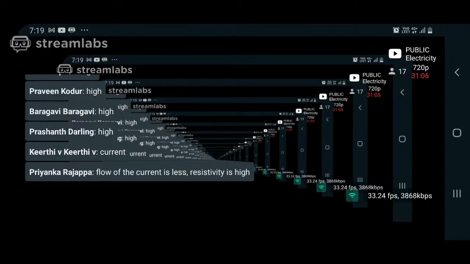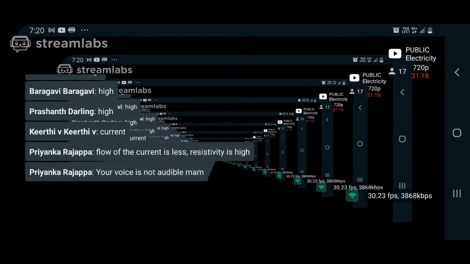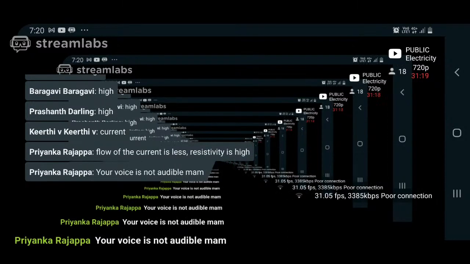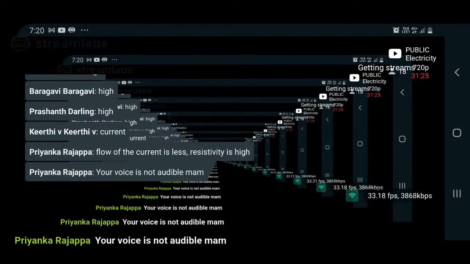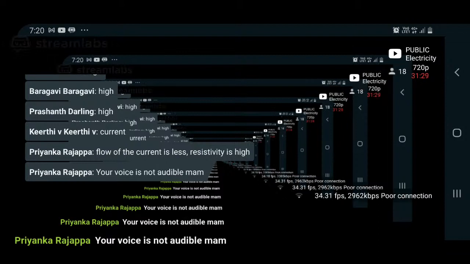Yes, Priyanka is absolutely correct. The flow of the current is nil or very minute in insulators because they have very high resistivity. If there is high resistivity, definitely the flow of the current is so difficult and it cannot transfer the electrons.